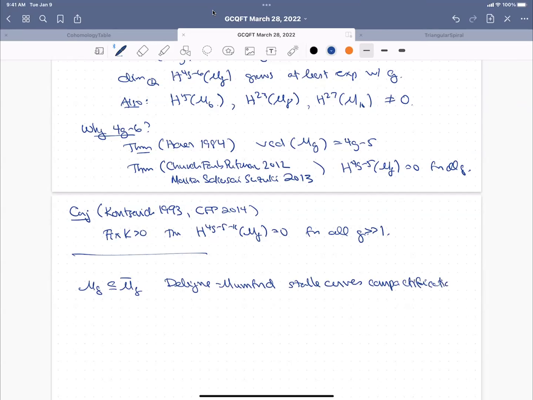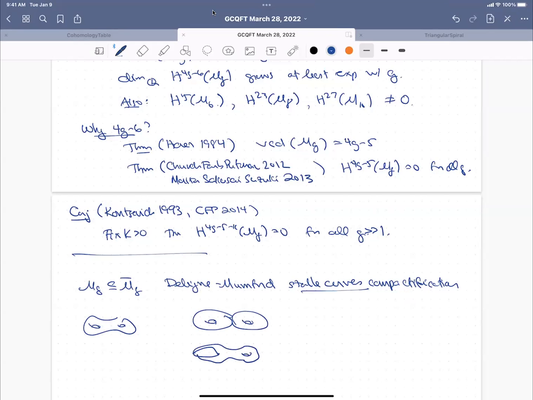And this is nice in the sense that the boundary is normal crossings. So this is a moduli space. The points in M_g parameterize smooth projective curves of genus g, and the points in the boundary parameterize certain degenerations of those curves. So for instance, a curve of genus 2 could break into 2 pieces of genus 1, or it could stay irreducible, but pick up a node.